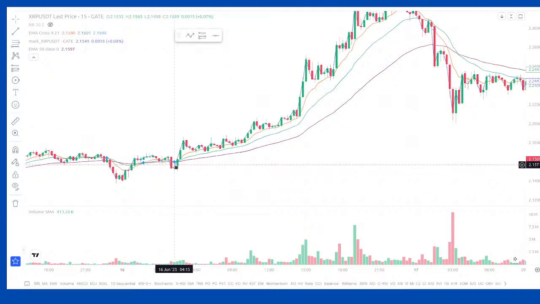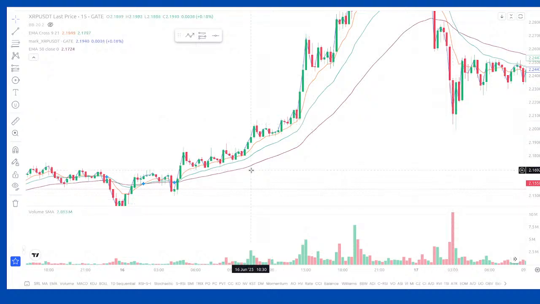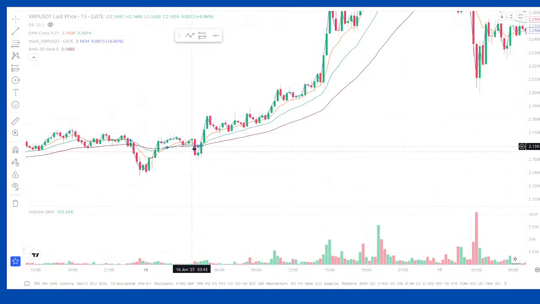Like you can see the cross here. It happens that exponential moving average 9 crossed exponential moving average 21, coming from downwards upwards. I said once you see exponential moving average 9 crosses exponential moving average 21 from downwards upwards, you can tell that the price will rise.